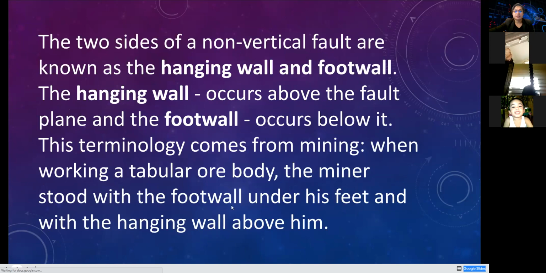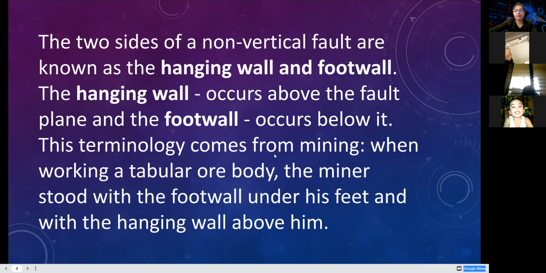The two sides of a non-vertical fault are known as the hanging wall and foot wall. The hanging wall occurs above the fault plane, and the foot wall occurs below it. This terminology comes from mining.